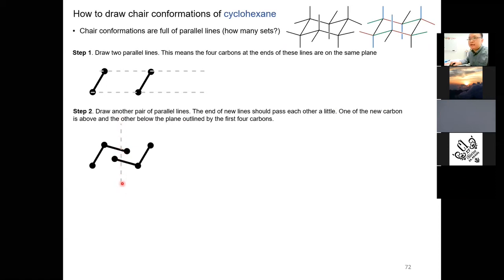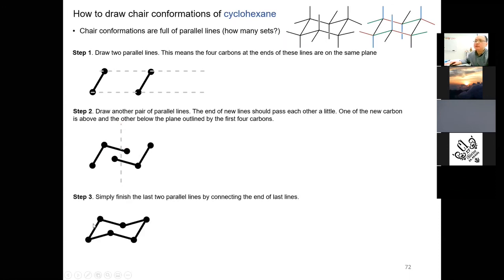Like you draw an imaginary line, and you pass this line a little bit, pass this line a little bit, so things become easier. After you draw these six carbons, the last step is to connect this one and this one, and this carbon with this carbon. Then you have a perfect six-membered ring chair conformation.